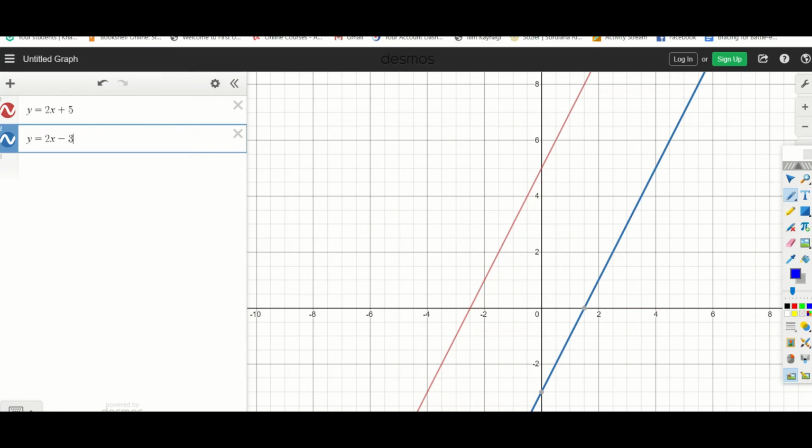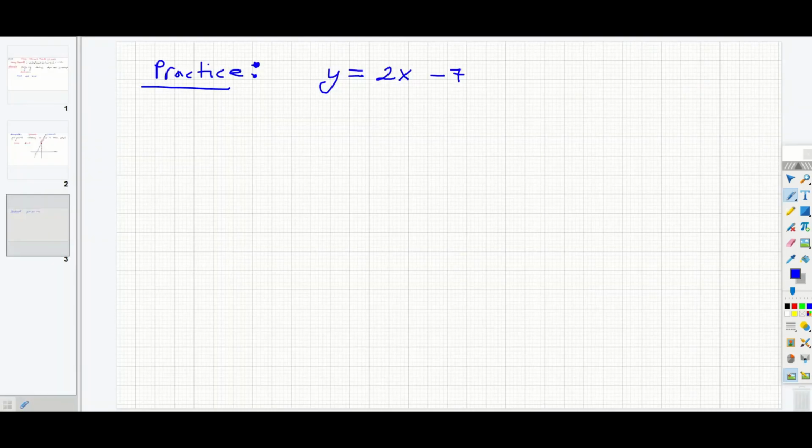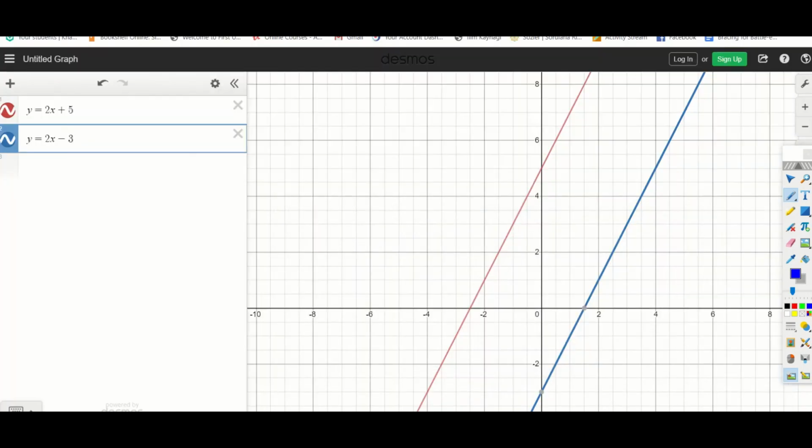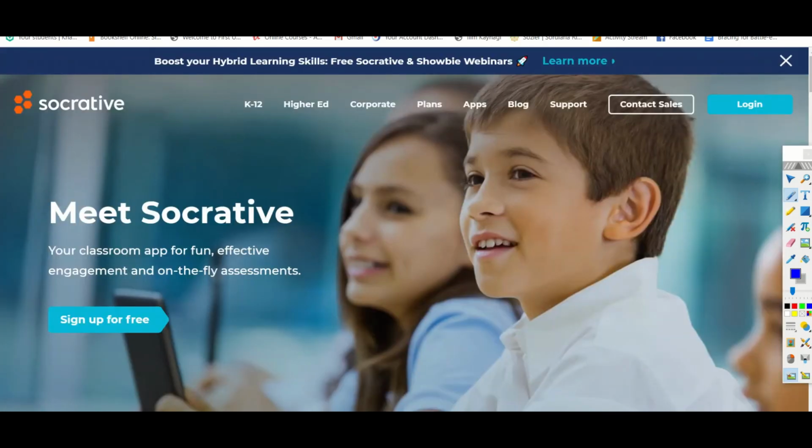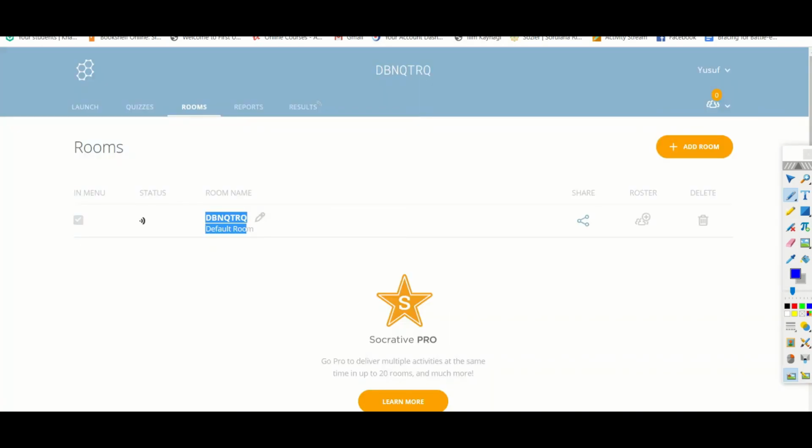I will take your answers to this question as an explanation at the end from socrative.com. You can go to the website by using my room name, enter your answer there, and it's going to pop up on my screen.